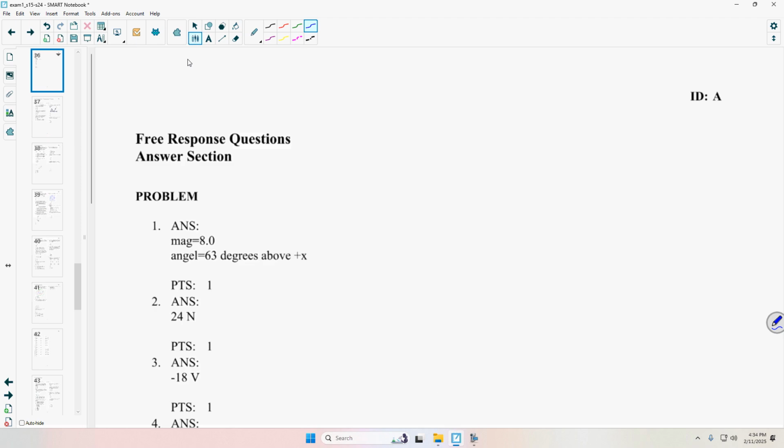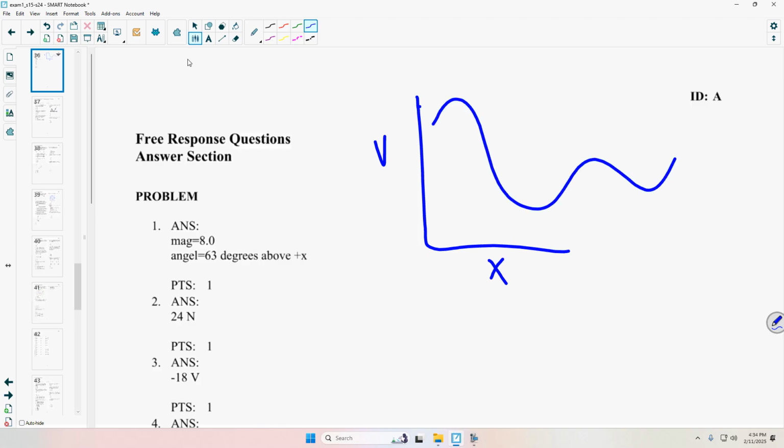Say I have a graph of potential versus position, and it looks something like this. I have a point here, a point here, and a point there. We'll say this is A, B, C. A proton at point A, a positive charge, is going to move to the right, in the direction of decreasing potential.